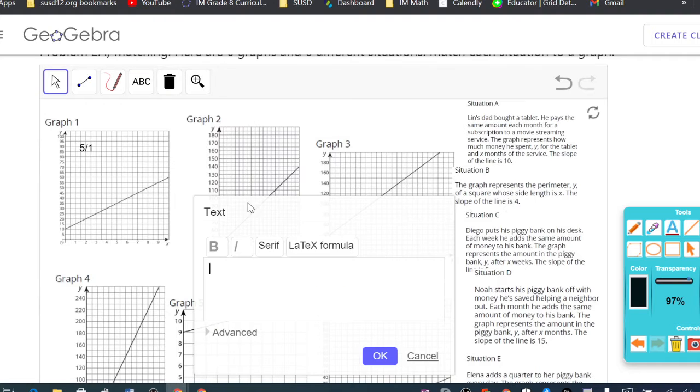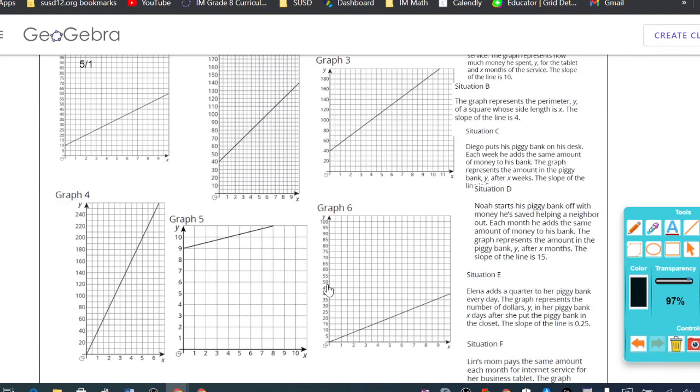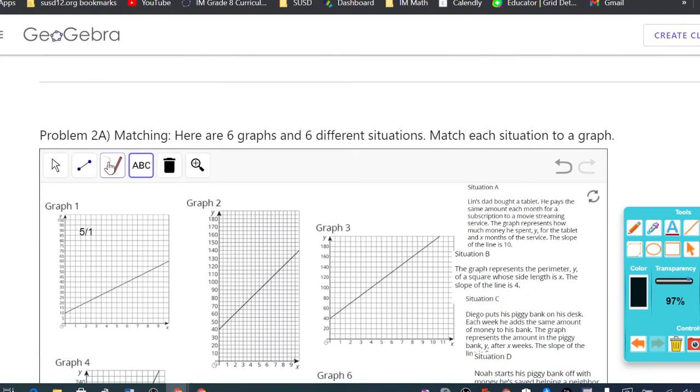Okay, how about this graph here? Oops, if I do that, I can't see. You use the text tool, but I'll use the pen tool, okay? That way I can see what I'm doing. So here, the slope is, it starts at y equals 40. I need to find another point, maybe right here.